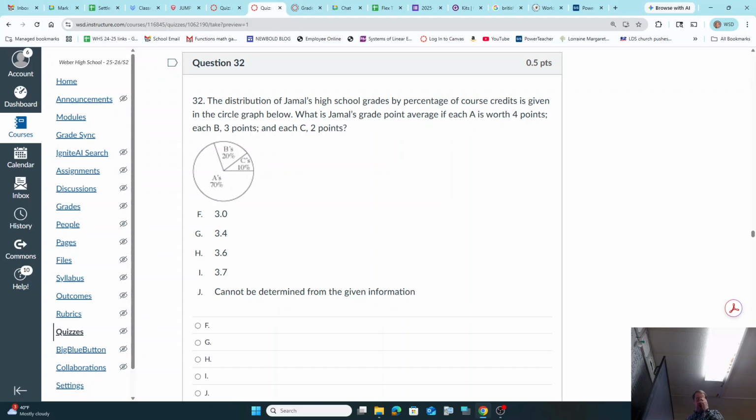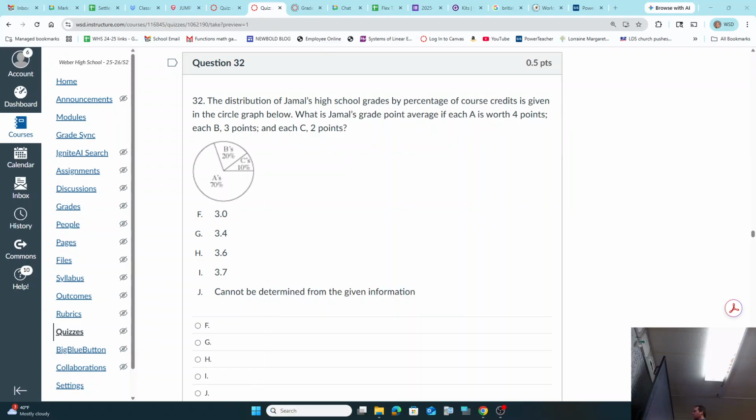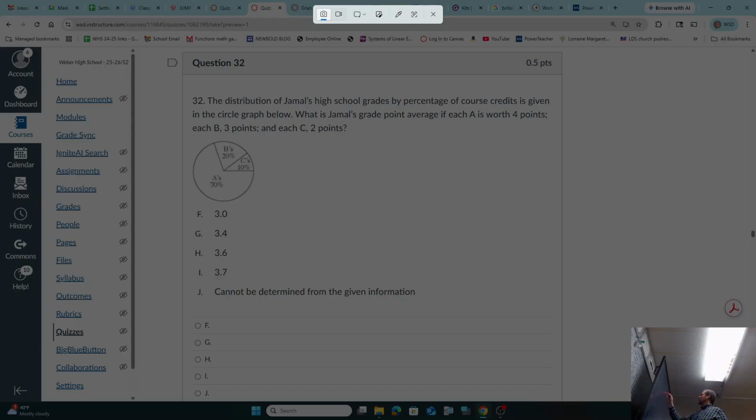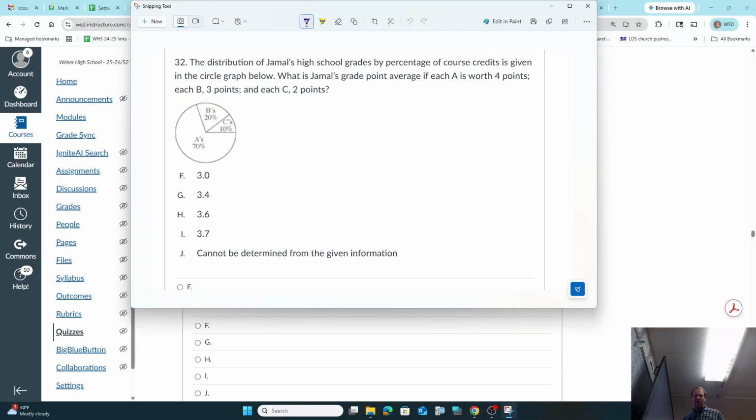So 32 would really be good to show you guys since these next few problems are statistics, which is the other class I teach. Okay, let's see here. So we use our snipping tool. The idea behind this one is that it's a weighted average, an expected value. Jamal's grade point average: A is worth 4 points, and that's 70%.